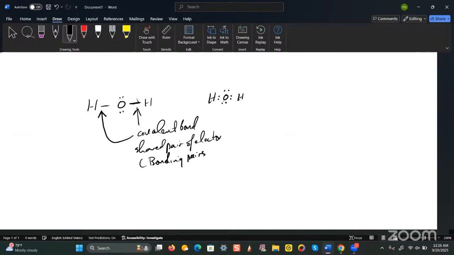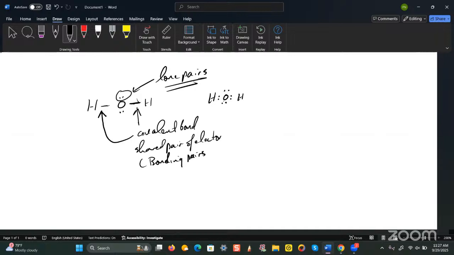That's important because there's another type of pair of electrons that you'll find, and these are called lone pairs. That's these electrons right here. These electrons are not shared between atoms, so we call these lone pairs of electrons. In pretty much all Lewis structures, you're going to have bonding pairs, but you may have some lone pairs of electrons.